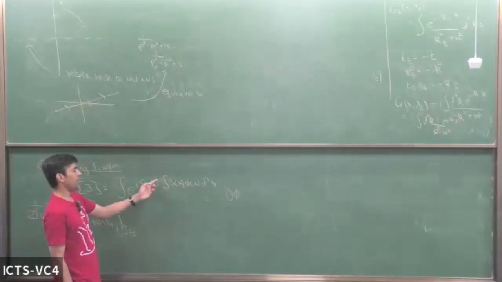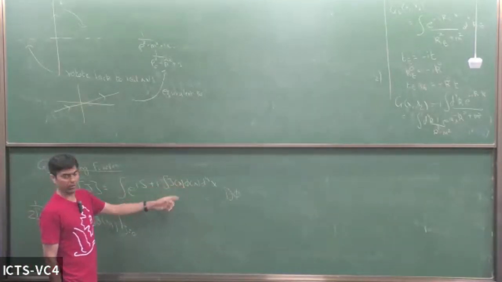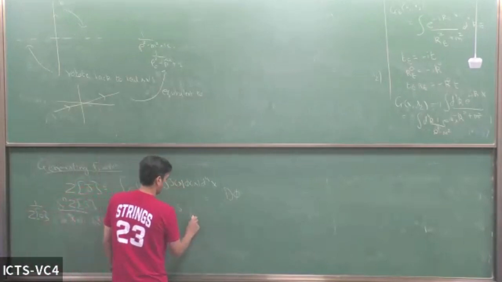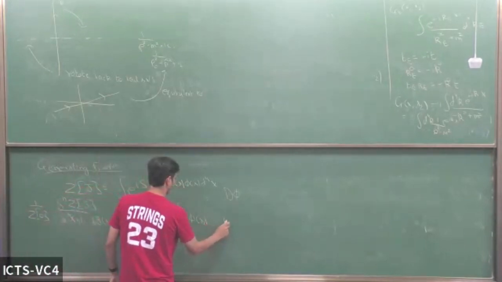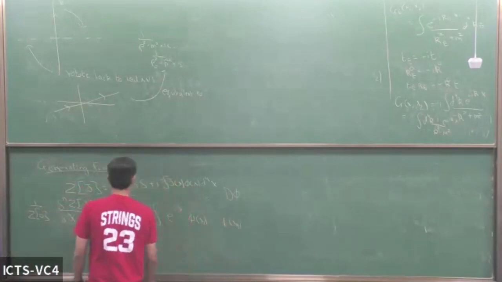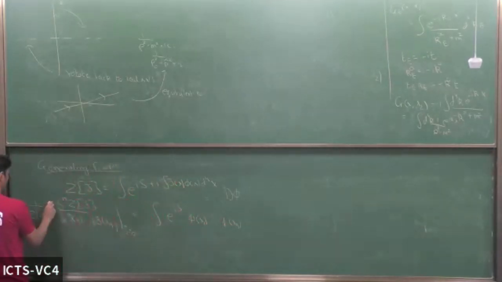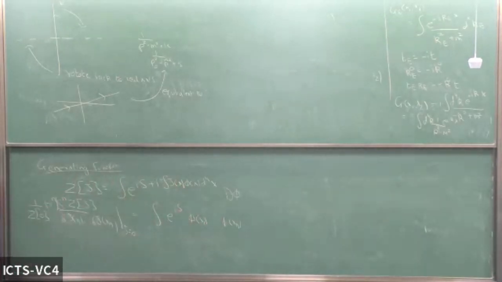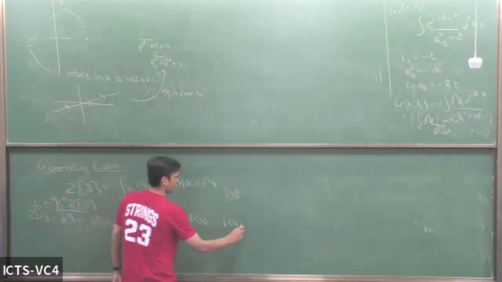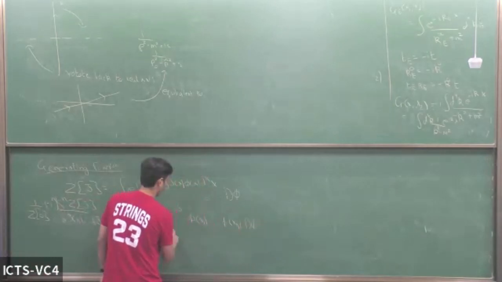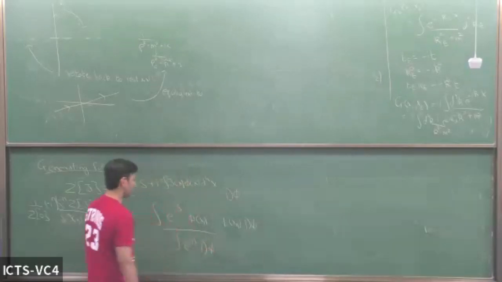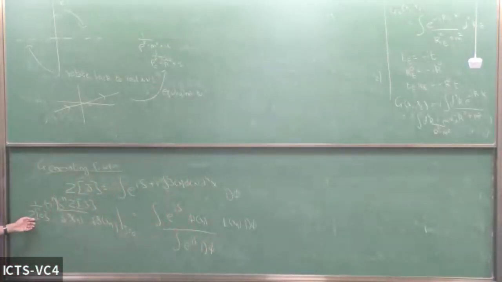You differentiate this n times, so this is just manifestly equal to the path integral of e to the iS times phi of x1 times ... phi of xn. Maybe I should put factors of minus i to the n here. If I put an i here, then I should put factors of minus i to the n here, so that I get a 1, and then d phi. That's because this is Z of 0.